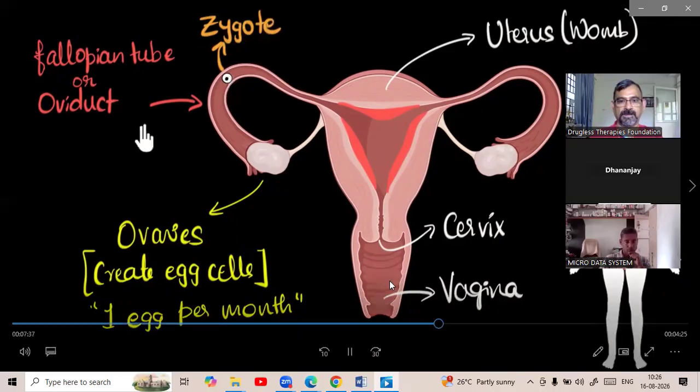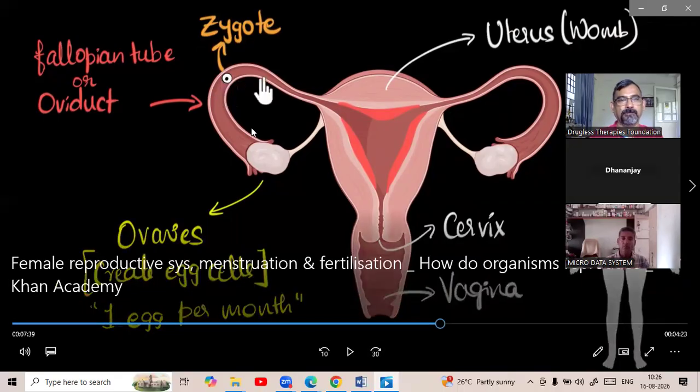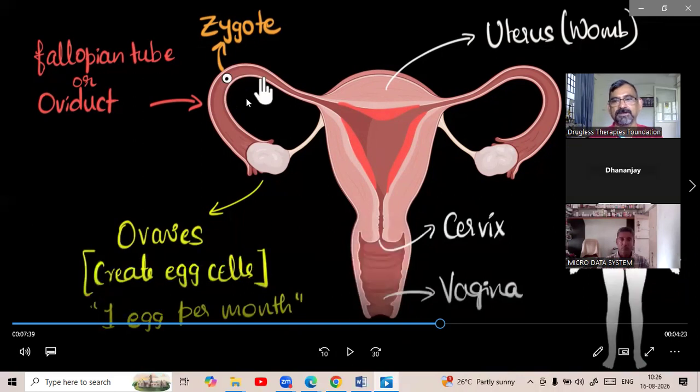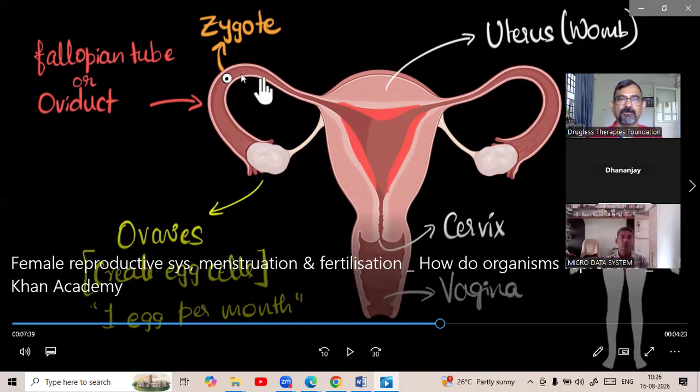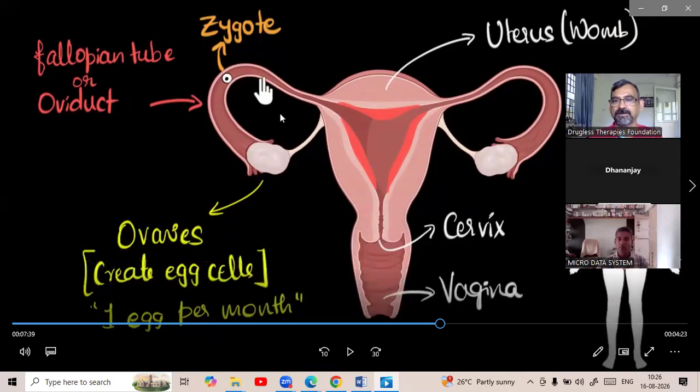Then as the oviduct pushes... I may forget, because the obstruction of the fallopian tube is a major cause of infertility in females. And for this, what is our remedy? Selenium and Triticum repens are the remedies mentioned in the Group Remedy Prescriber by Powell for the obstruction of the fallopian tube.